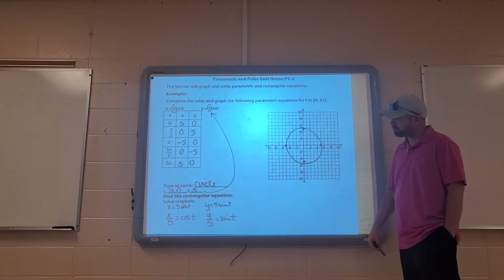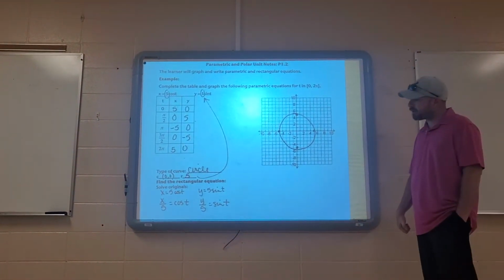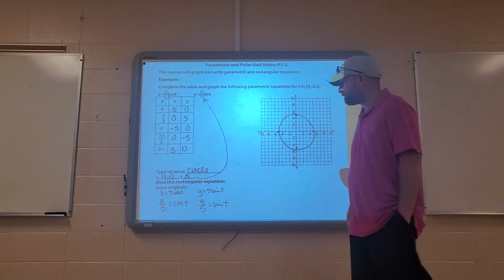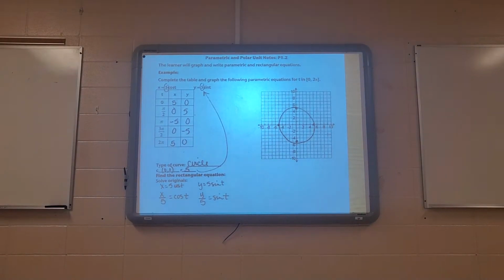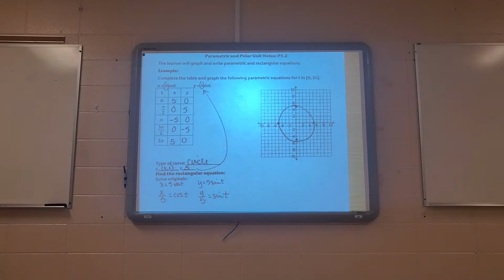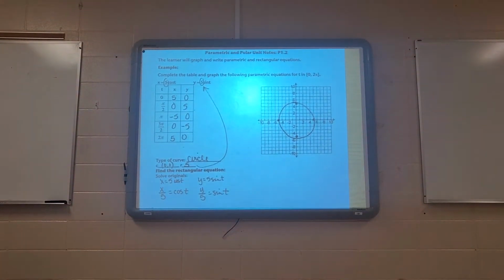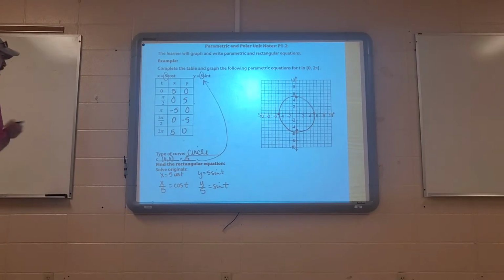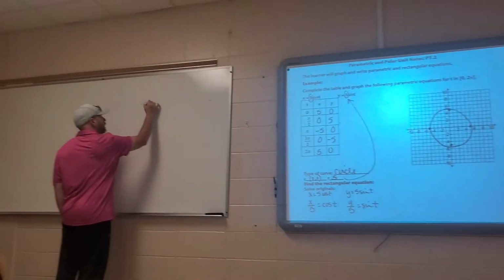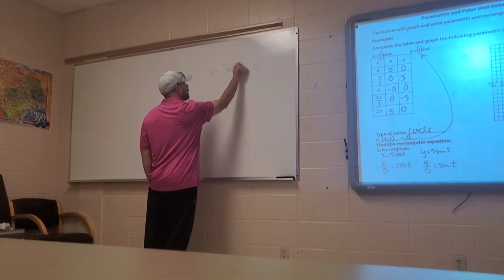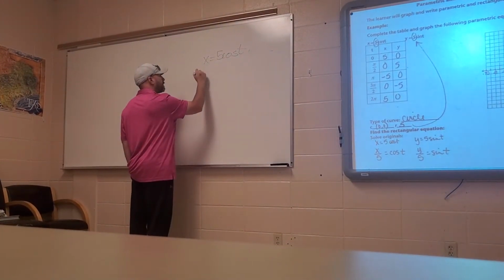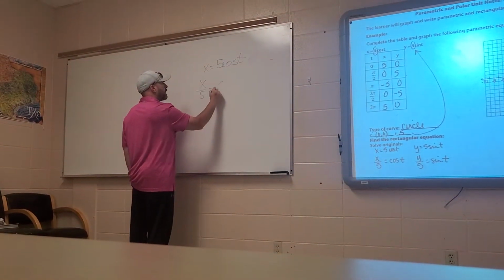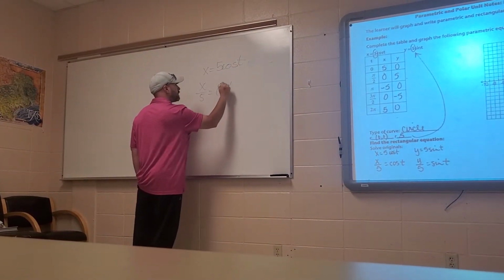So it says find the rectangular equation. Well, just like what we did before, where we were solving for the t, now we divide by 5, so x over 5 is cosine t.